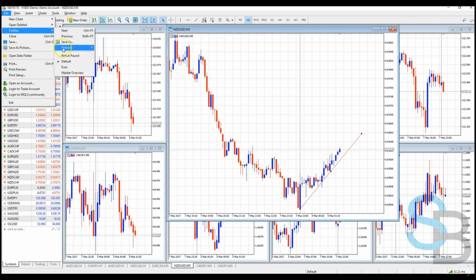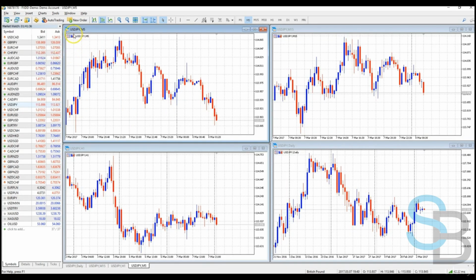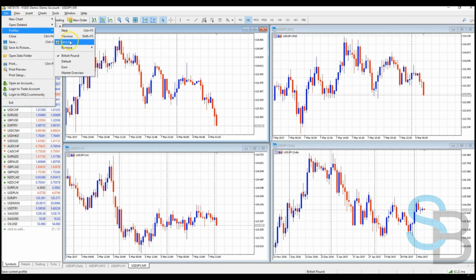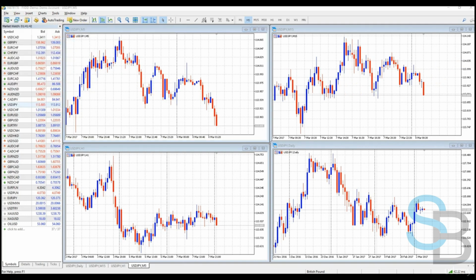So what I'll do is switch back over to the British Pound, and this time I'll save this as New Zealand USD, and then I'll switch over all of these charts to New Zealand USD pairs.